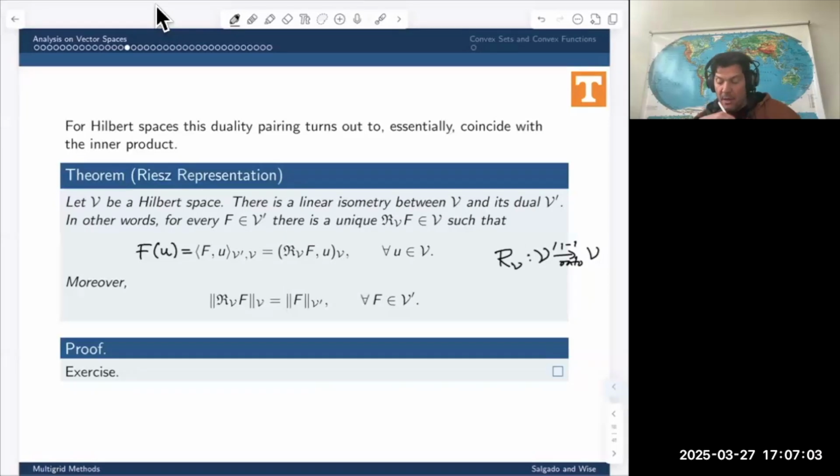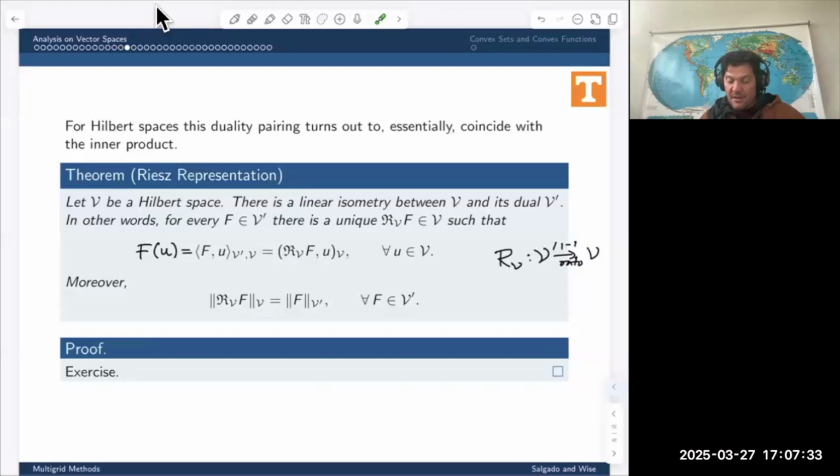Well, let's see, I'm proving that it's one-to-one. Am I proving that it's also onto? Well, the proof that it's onto is that any object that you want will generate a bounded linear functional through the action of the inner product. So that's what gives you the onto-ness. And this uniqueness here gives you the one-to-oneness. Okay, so it is a mapping, so that takes care of the first part.